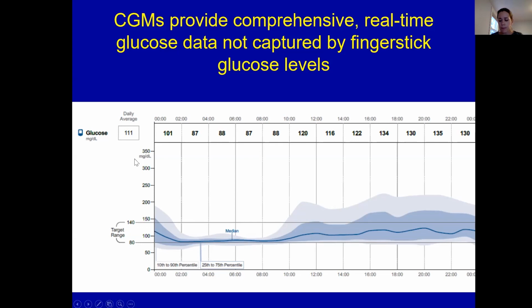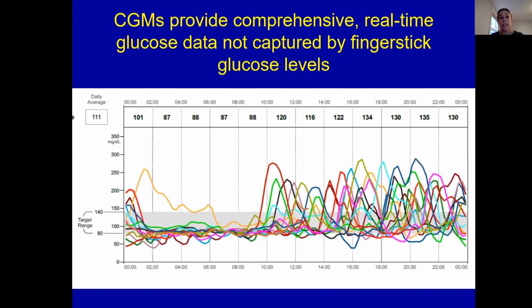Now, if we look a little bit closer and look at the daily view, where each color on this graph represents a different day, what we can see is that this patient is having significant postprandial excursions to the 250 to 300 range with almost every meal, but these excursions are only lasting about 2 to 3 hours.